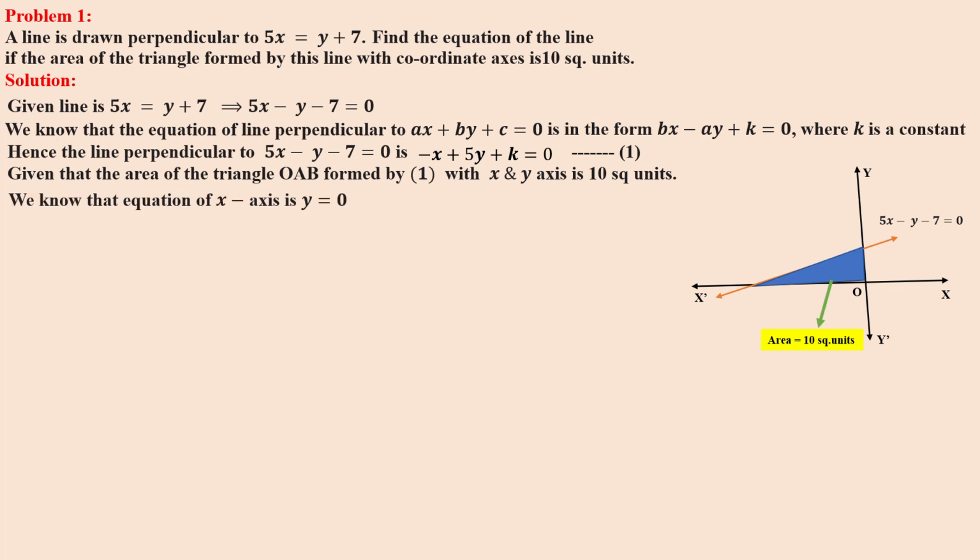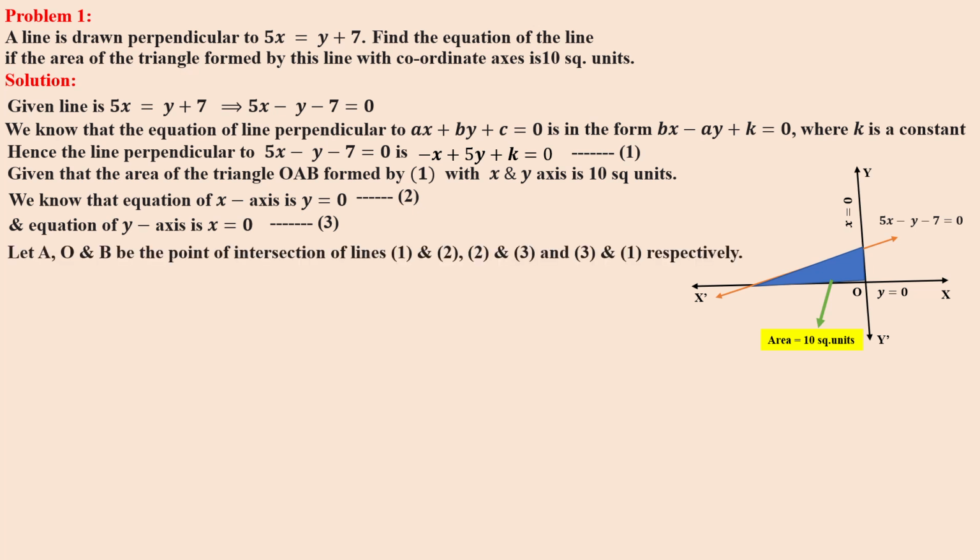We know that the equation of the x-axis is y = 0. That is equation number 2. Then the y-axis is x = 0. That is equation number 3. So let A, O and B be the points of intersection of the lines 1 and 2, 2 and 3, and 3 and 1 respectively.